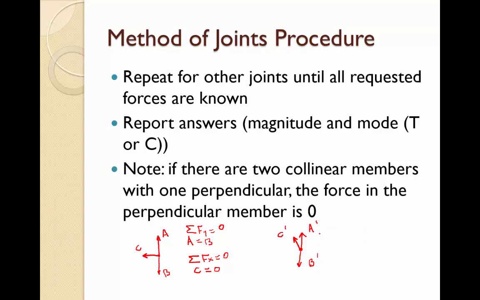However, again, even though there's 3 unknowns, 3 forces acting in the y direction, if we sum forces in the x direction, the only force in the x direction is C. So that once again means that C prime is 0. So it doesn't matter what angle this third force is acting at. If there's only 3 forces acting on a joint, and 2 of them are collinear, the third one will always be 0. If you see that on any type of method of sections or method of joints problem on any frame, you will know that that third member is 0.